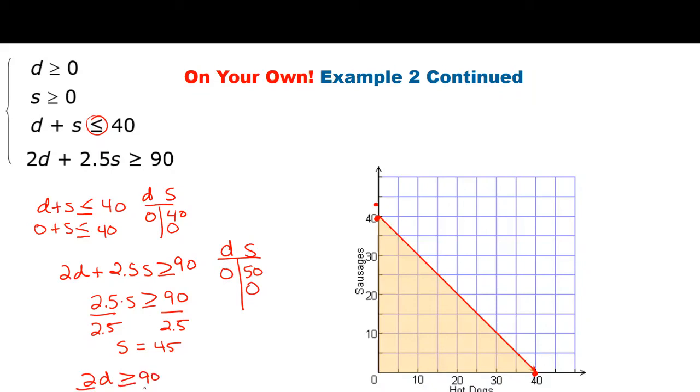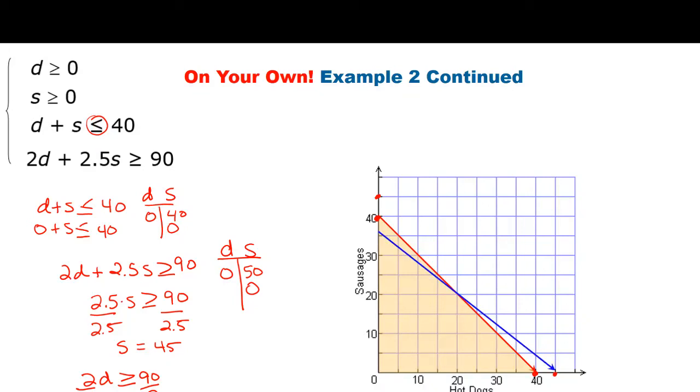Divide both sides by 2, so D is greater than or equal to 45. Let's get that in. See, 30, 45, and this one is going to be up here. I didn't count my numbers quite right. Again, this one is going to be a solid line.